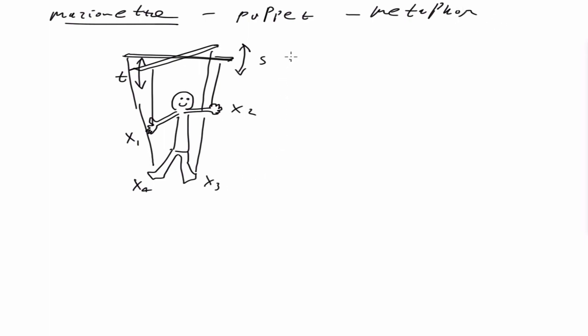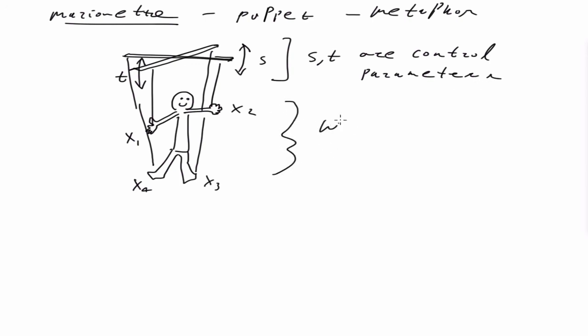All right, and the idea is that s and t are the control parameters. And down here, this is what you see on stage.